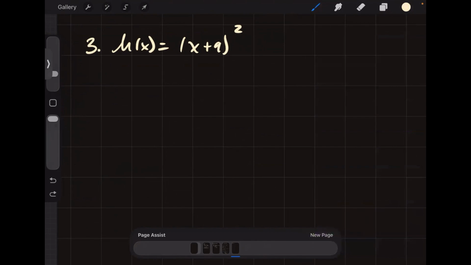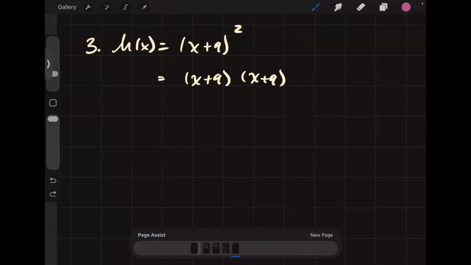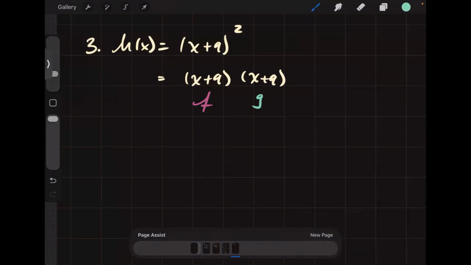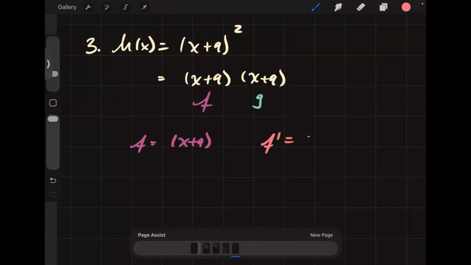Okay, so if I were to solve this out, I would actually write this as x plus 9 times x plus 9, so it looks like a product, right? F and g, right? F is going to be x plus 9, g is going to be x plus 9, which means the derivative of f, which is f prime, is going to be 1.